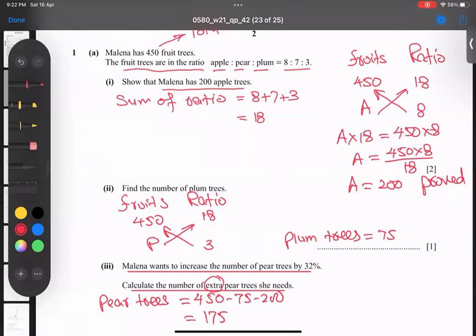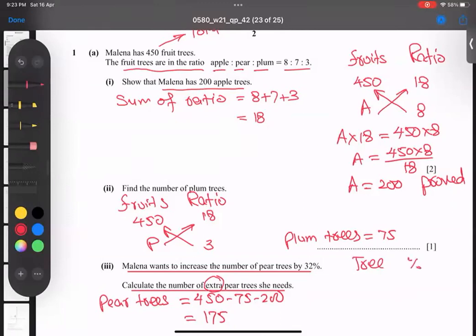So have a look now how we can get it. After this, if you look carefully, we will use this again. So two titles, trees and extra pear trees, which the question is asking for. Okay, so better to use not the word fruit, trees is better. Number of pear trees is in direct percentages.